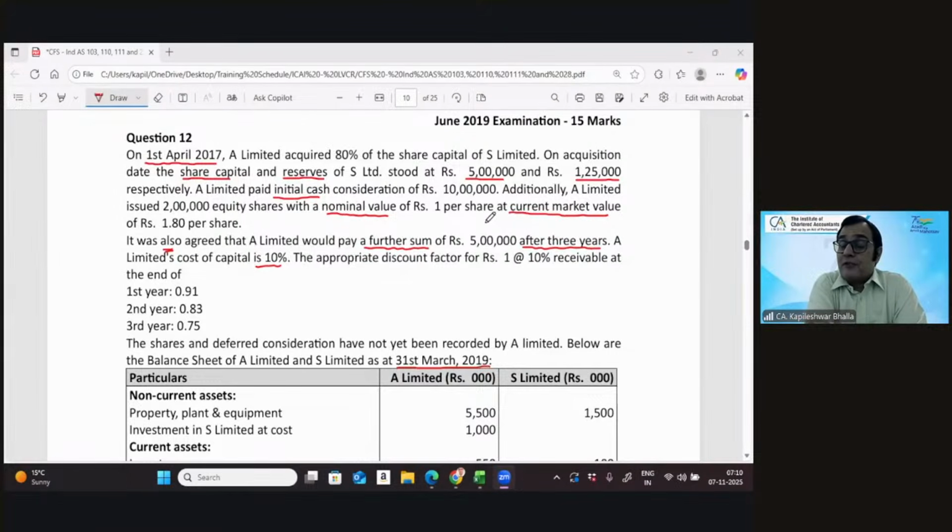Any inputs on that, friends? And that's very interesting, absolutely correct. A very good morning, DC, that is absolutely correct. Now, the moment you start looking into this DC, he says the shares and the deferred consideration have not yet been recorded by A. It's a clear-cut case of omission.